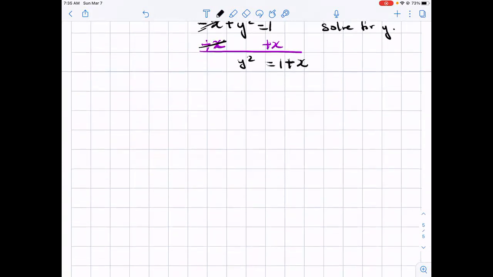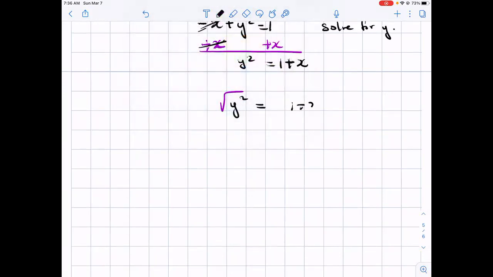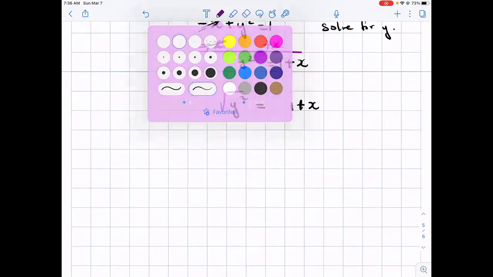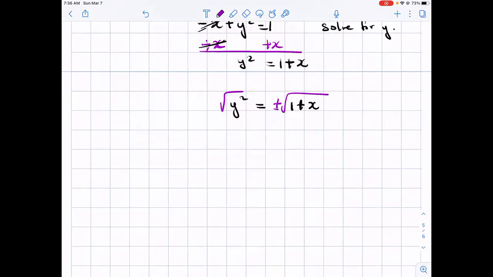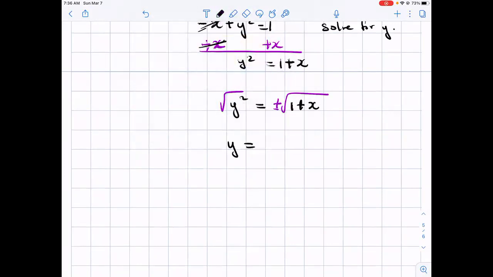Now we take the square root of both sides. And when we do that, we will get plus or minus the square root. So we now have y is equal to plus or minus the square root of 1 plus x.